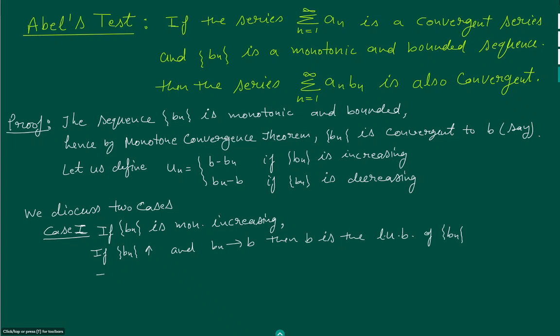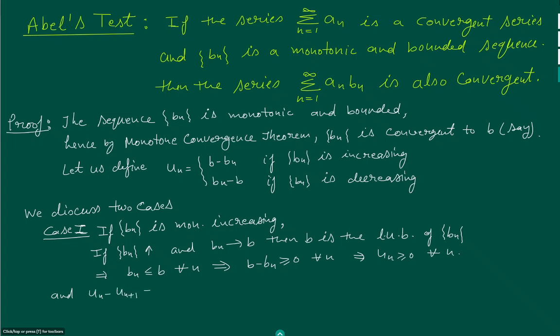And B is the least upper bound of Bn means Bn is less than or equal to B for all n, which implies B minus Bn is greater than or equal to 0 for all n. So in case 1, when Bn is increasing, Un is greater than or equal to 0 for all n.